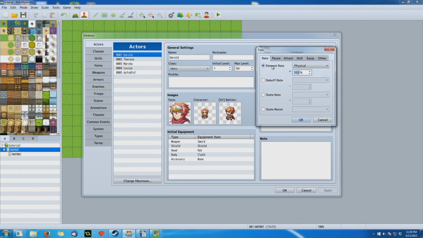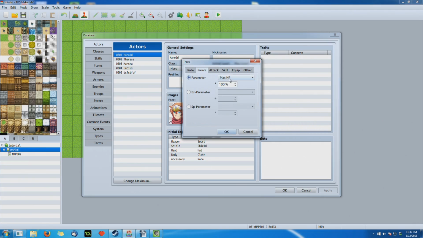If we were to add a parameter of max HP and set it to 200%, then his max HP will become 900 because we just doubled his HP. You can do some nifty stuff like that. This is a permanent change, unless you set an event that brings it back down to 100%. Otherwise it's going to be a permanent 100% extra, double health, whatever you set it as.